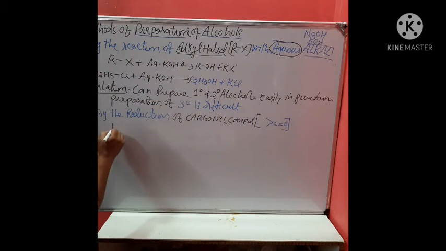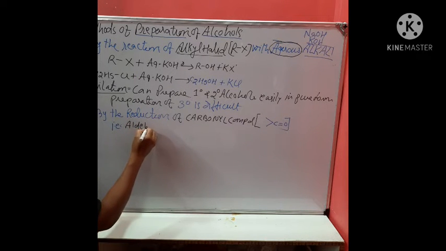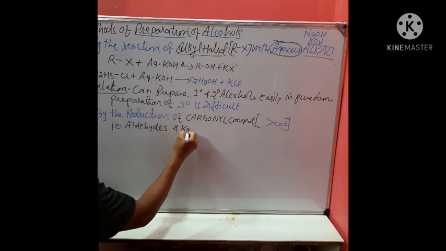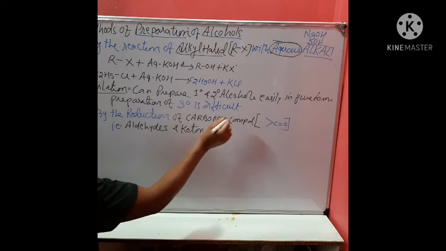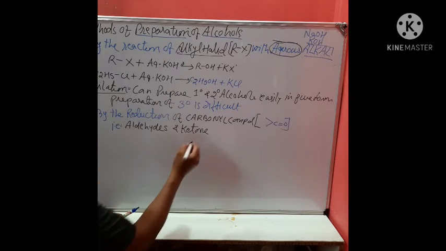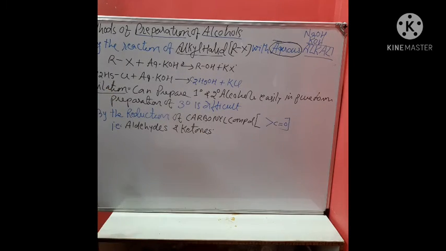Two compounds belong to carbonyl compounds. These are aldehydes and ketones. They consist of a carbonyl carbon, or carbonyl functional group.